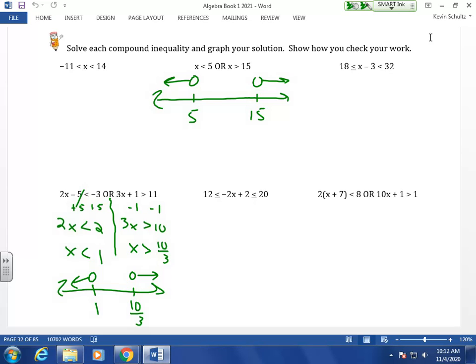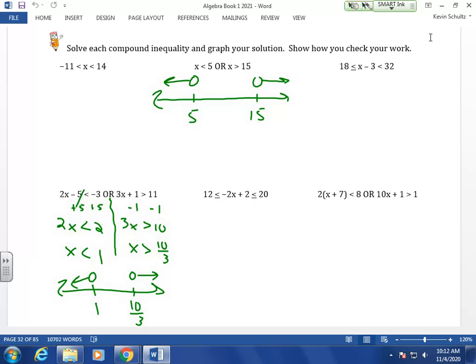Any issues, questions, comments, concerns? Yeah. How would we check? For this one, to check an or statement, you could pick a value in either of your solution sets and then plug it in, because it's not going to work in both of them, right?